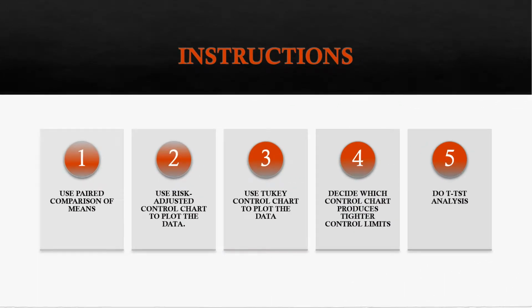In this question, we are asked to use paired comparison of means, use risk-adjusted control chart to plot the data, and use Tukey control chart to plot the data. Then we have to decide which control chart produces tighter control limits. Moreover, we're going to do a t-test analysis to verify if there is a statistical difference between the means or not.